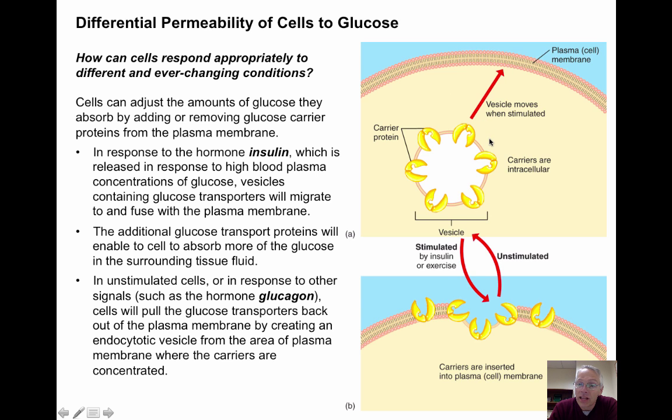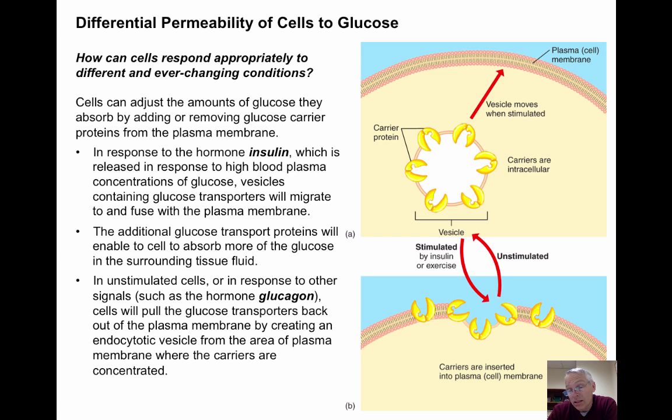It looks like the process of exocytosis: this vesicle migrates up to the plasma membrane, fuses with it, and by doing so, basically injects all of these glucose carriers into the plasma membrane. Now the cell's capacity to absorb glucose is greater than it had been before. The cell can take up more glucose from the surroundings.